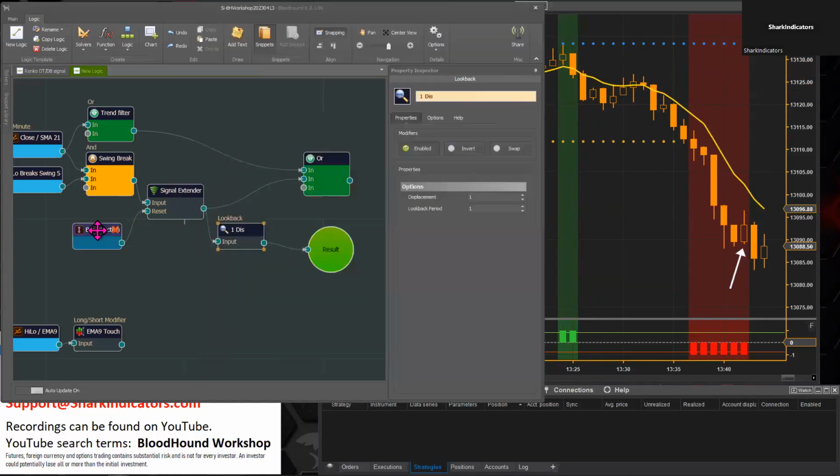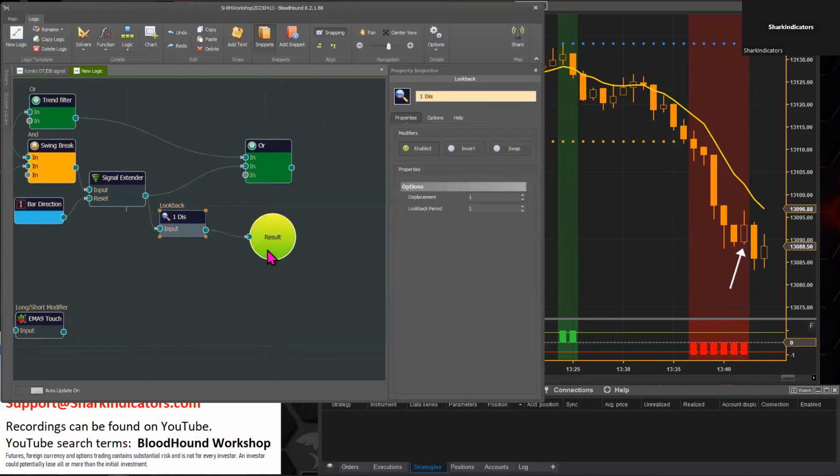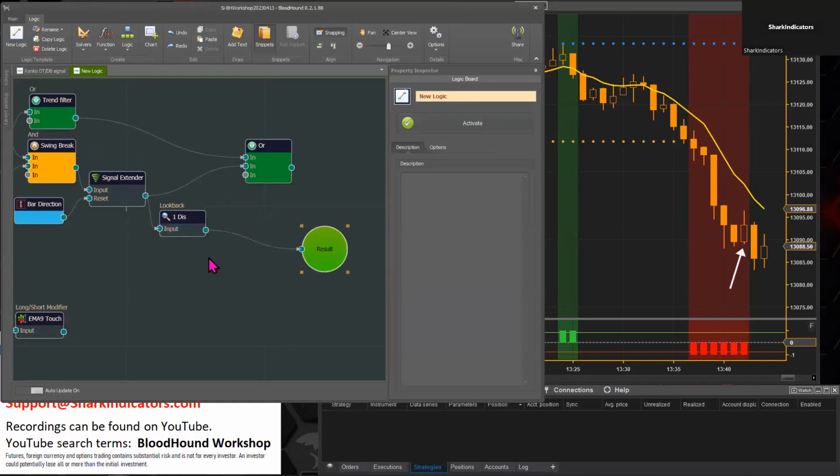Okay. All right. I'll just call this pullbacks just to keep it short and simple here. Let's see here. All right.